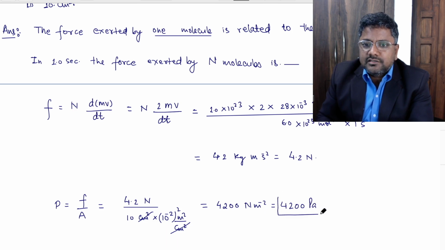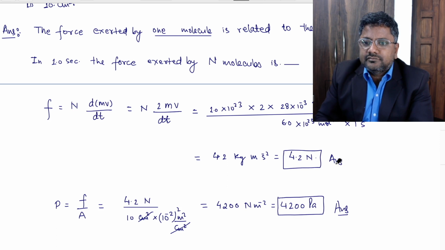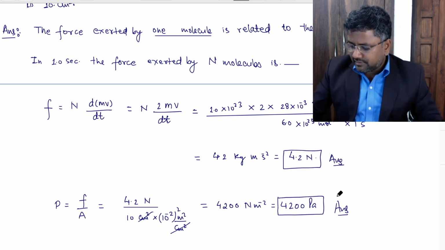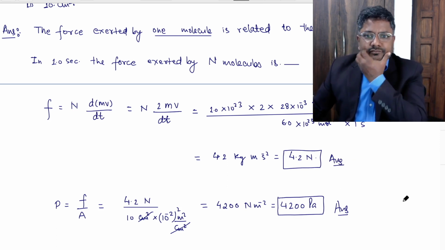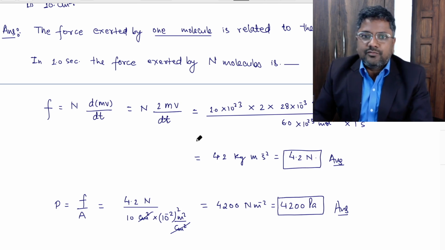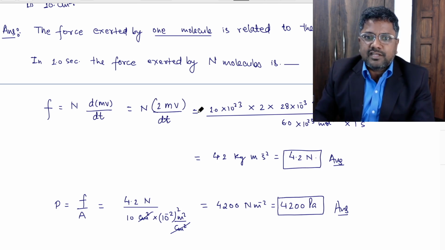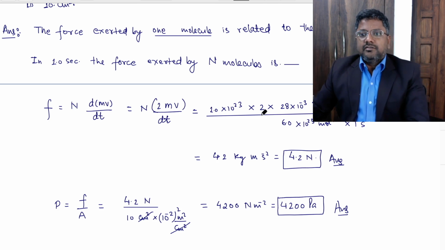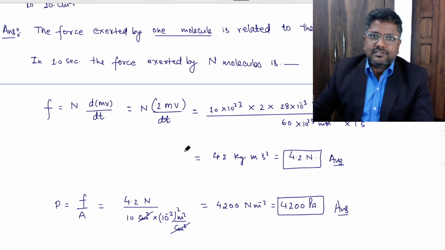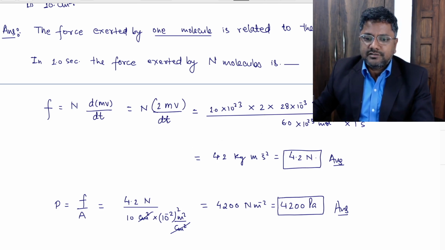So this is the pressure, and this is the force, right? So in this way you can calculate the force as well as pressure exerted by the gas molecules, right?